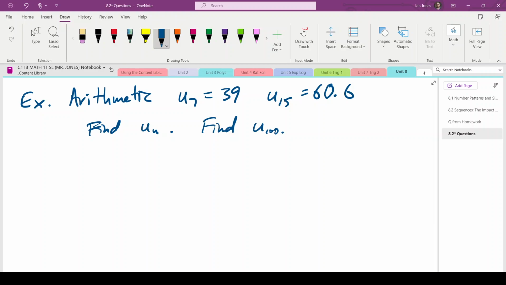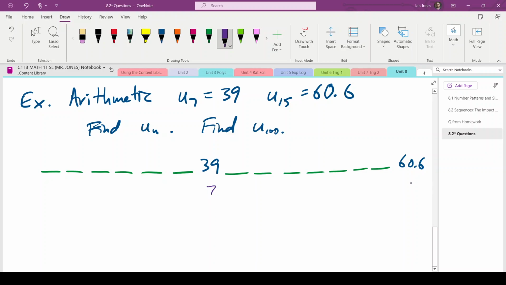I don't have to actually write this out, but I'm going to for the sake of illustration. 1, 2, 3, 4, 5, 6 terms, and then the 7th one is 39. 8, 9, 10, 11, 12, 13, 14, and then the 15th one is 60.6. You can see that the number of jumps is going to be 15 minus 7. It's going to be 8 jumps. 1, 2, 3, 4, 5, 6, 7, 8. Okay, 8 jumps.